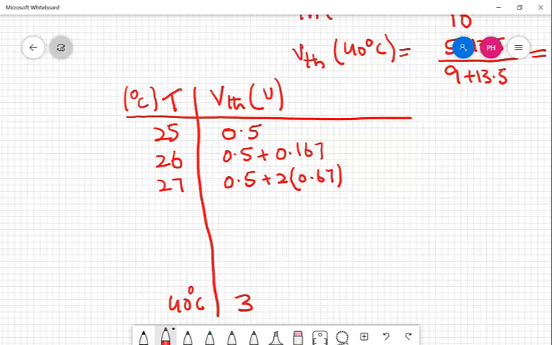With each degree of temperature increase, voltage increases by 0.167 volts. At 28 degrees Celsius, we will have VTH as 0.5 plus 3 times 0.167 volts. Okay.